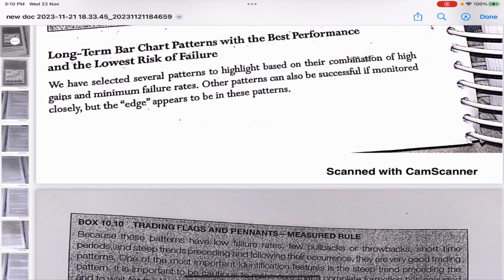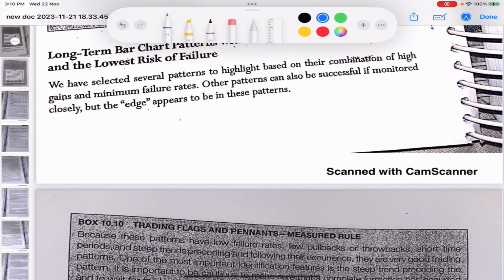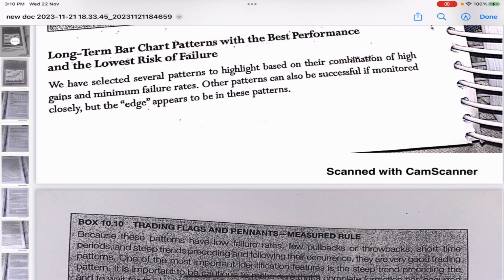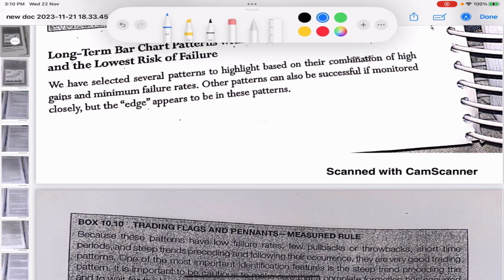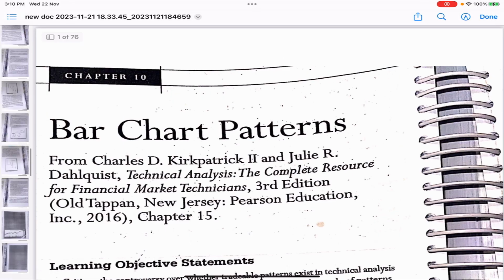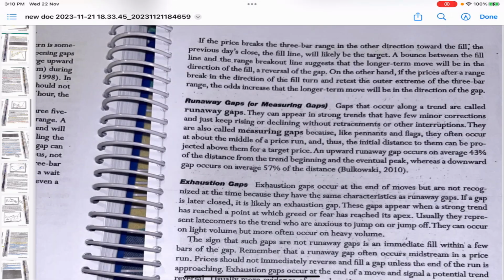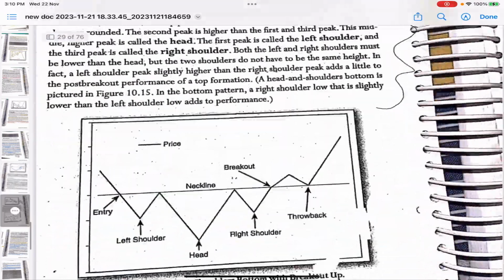Okay. Moving on, when we talk about long-term bar charts with the best performance, we have selected several patterns. So when you're talking about long-term specifically, let's see which patterns you are supposed to choose when you are referring to the long-term charts.